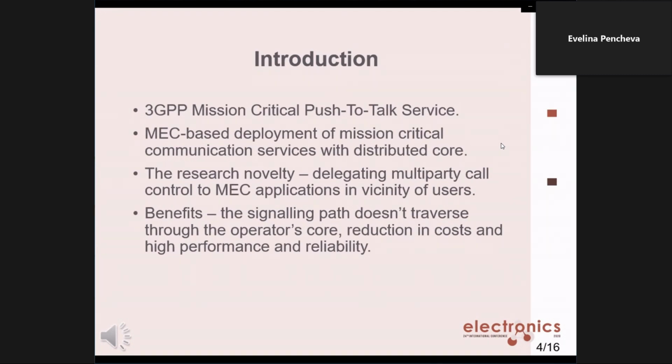The research novelty is in delegating the multi-party call control to mobile edge applications deployed in the vicinity of end users. The proposed open access to programmability of multi-party call control does not require deployment of IMS, and thus it reduces the cost and provides the necessary performance and reliability.